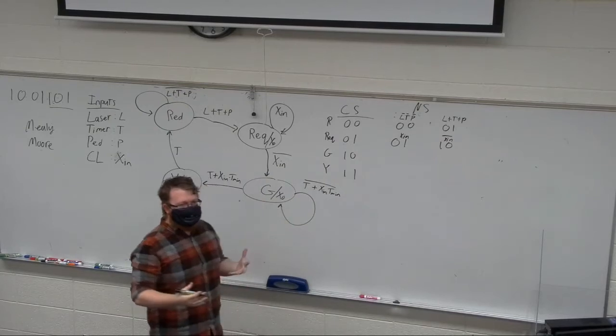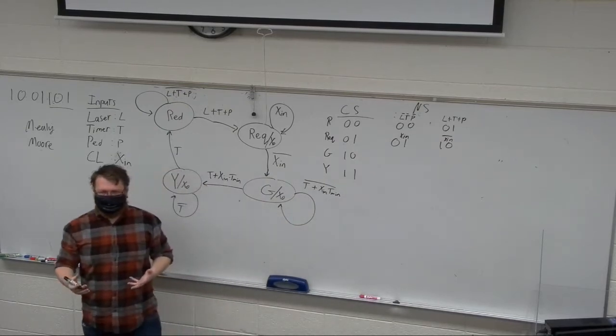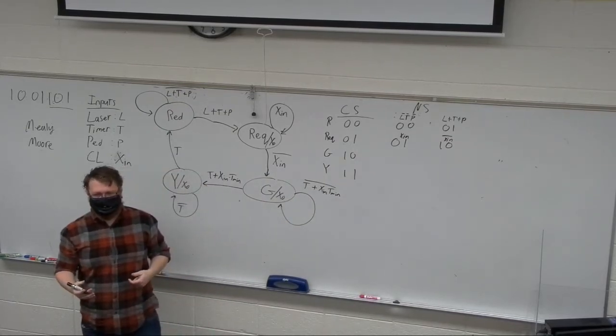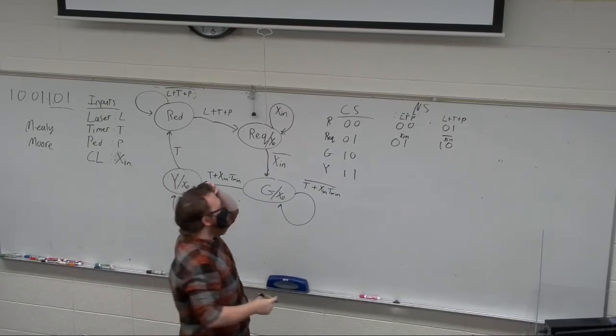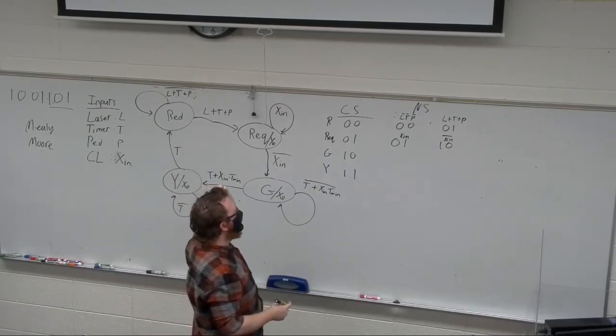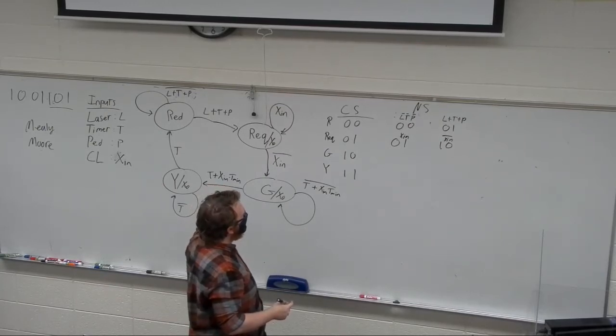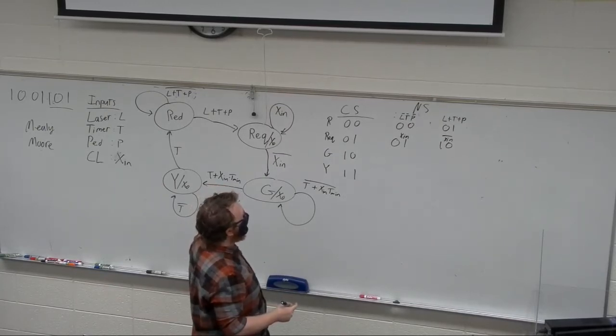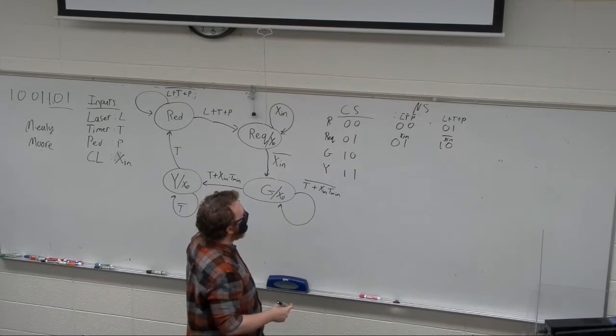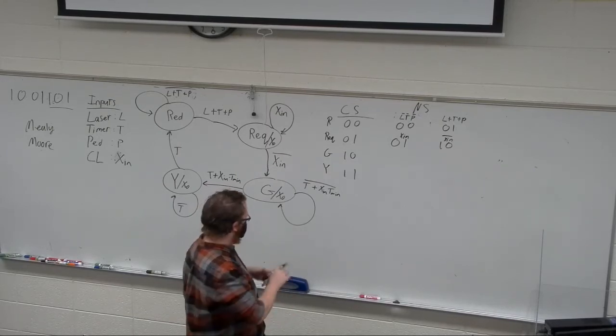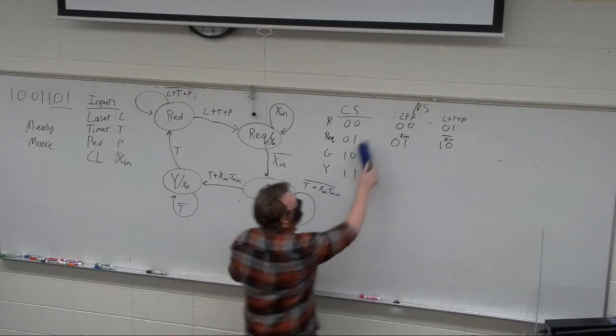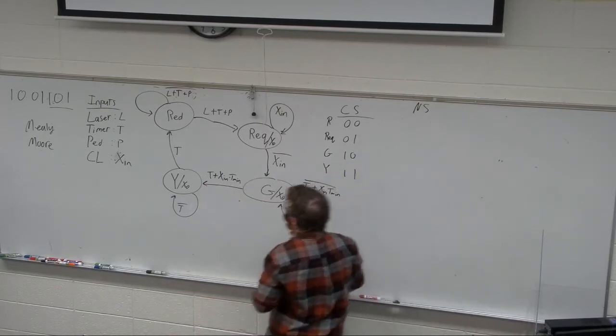So the next thing I need to do is turn these into a circuit, essentially. This might get complicated. I'm kind of regretting having this many inputs. You can take out maybe the pedestrians.